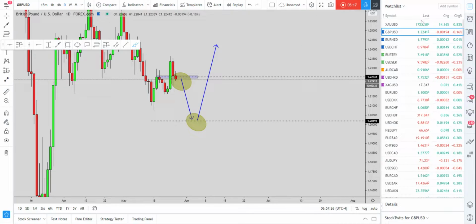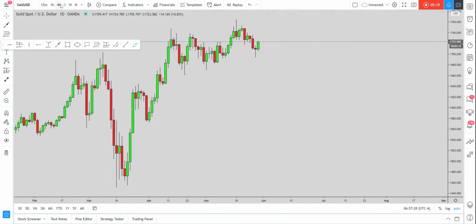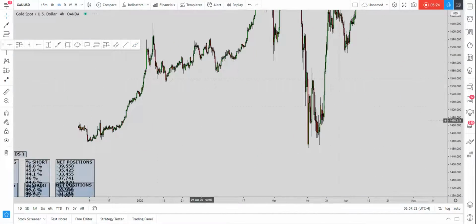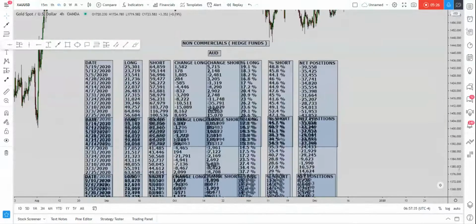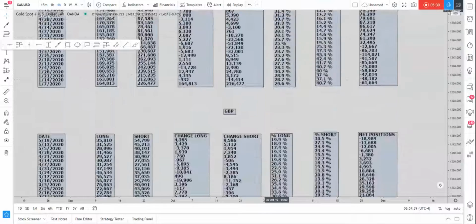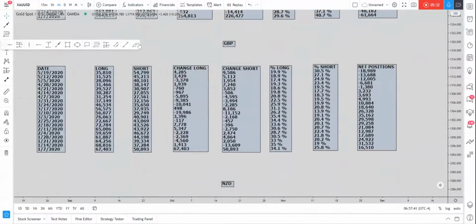Now, just one last check that we have to give is what we have at the moment from a COT perspective. So what hedge funds are doing on GBP USD. As you know, all currencies on the spot are traded against the USD.